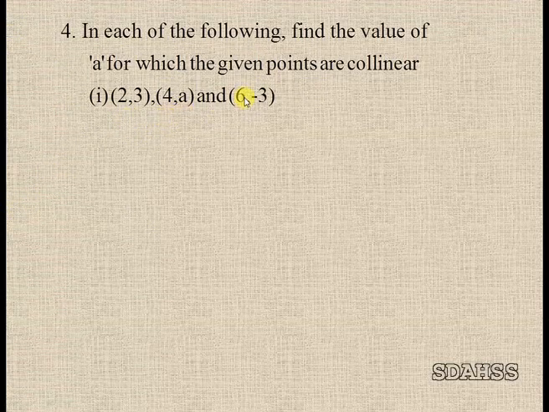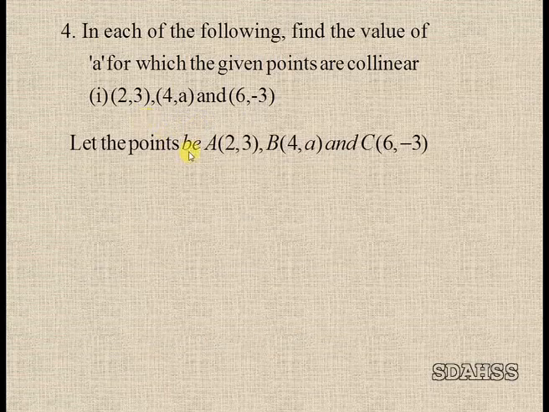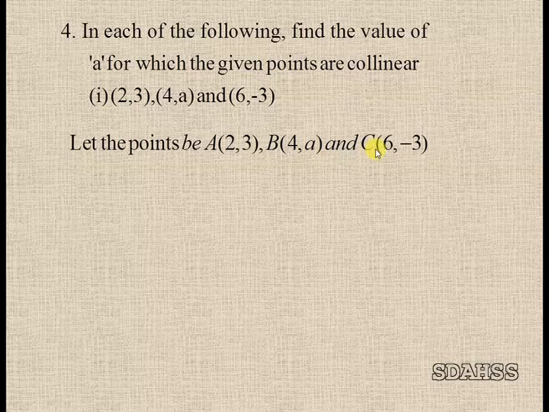We know that the area of a triangle is equal to 0. So you have to use this condition and then find the value of A. So let the points be A (2, 3), B (4, A) and C (6, minus 3). Let us take the first point be A, second one be B, third one C.